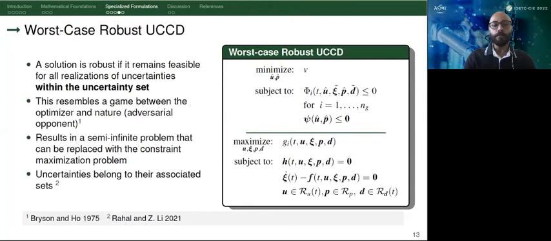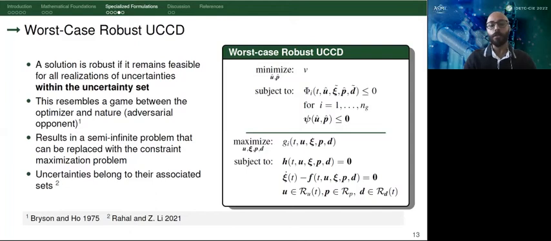Finally, we have the worst case robust UCCD. In this case, robustness refers to the situation where the solution remains feasible for all of the realizations of uncertainties that are within an uncertainty set. This resembles a game between the optimizer and the nature, where nature plays an adversarial opponent.